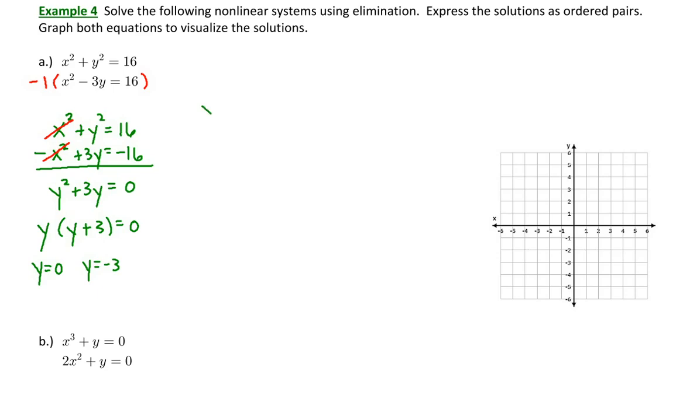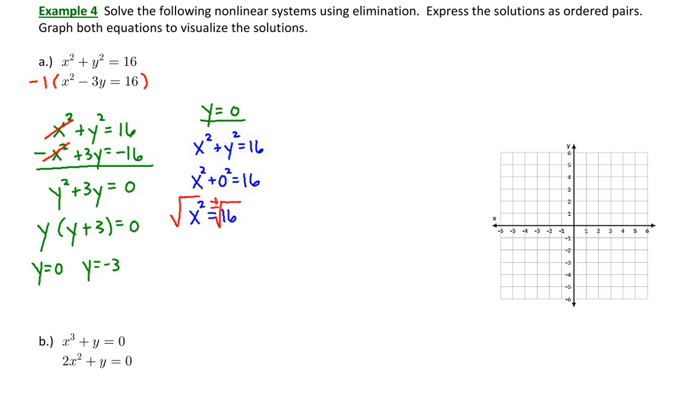So I want to find the x values that correspond to each one of those y values. If y equals 0, then I'm going to use that first equation, x squared plus y squared equals 16, to solve for x. So let's plug 0 in for y, and we end up with x squared equals 16. Now be careful here. To solve for x, I need to take the square root of both sides.